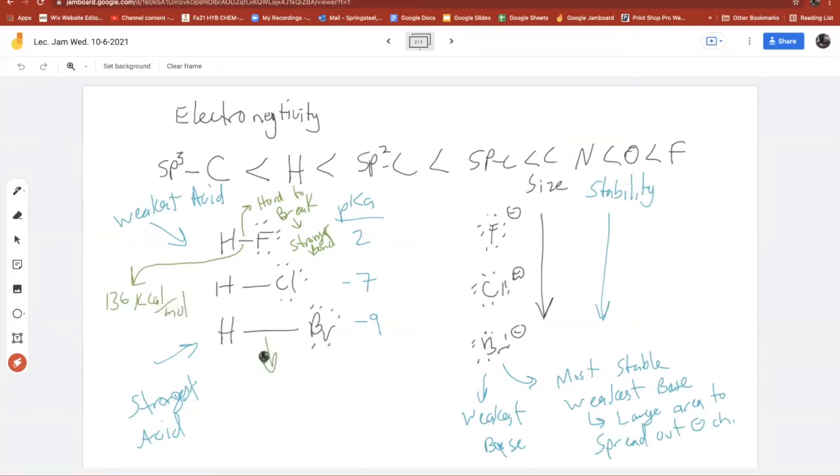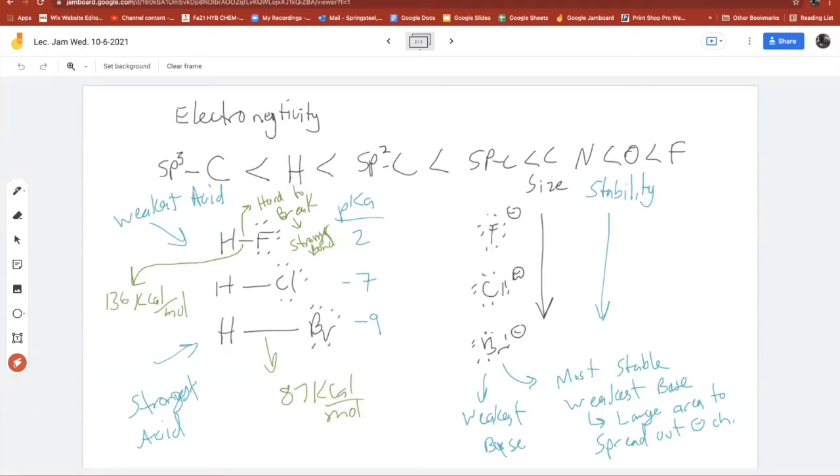This one only takes 87 kcals per mole to break it. So it's easier to break the strong acid's bond. That's why it's a strong acid. It breaks quick and easy. Yep, a lot of general chem in this stuff.